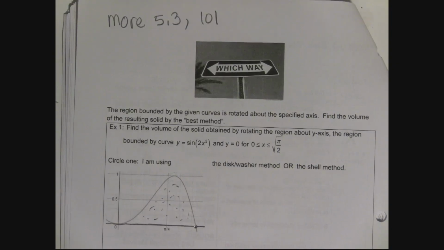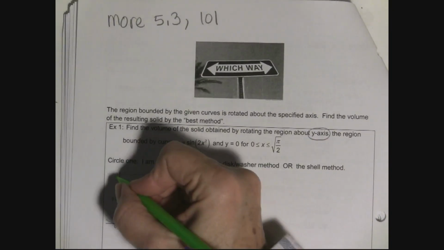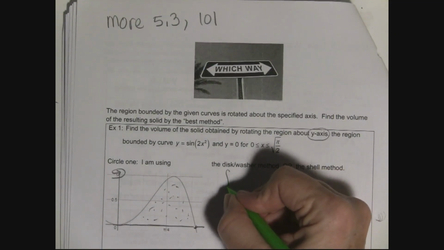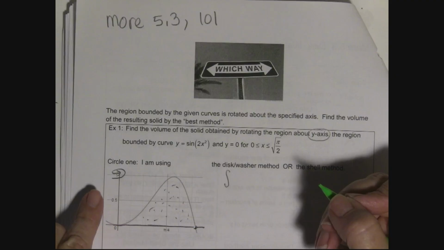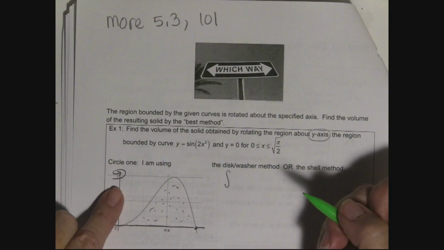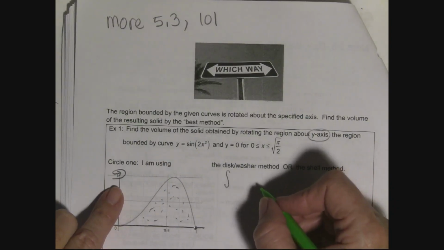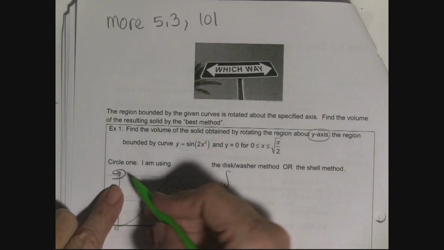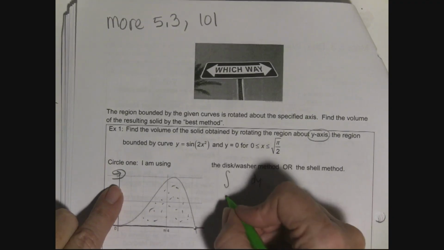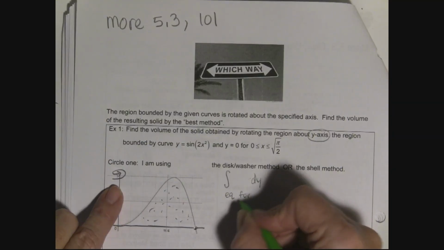I think I have everything on there, but I didn't note that it's going around the y-axis. So that means if I'm going to use a disc or washer, that's always the one I start with, and I usually call it D/W, and I affectionately call it the dishwasher method. If I'm going around the y-axis, then this will be dy. And this means your equations need to be solved for x.